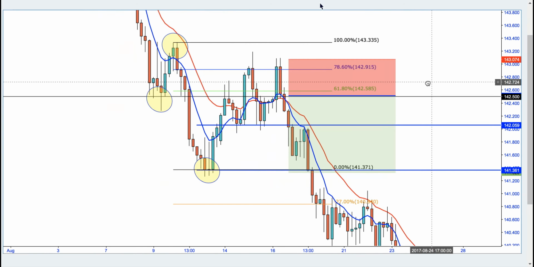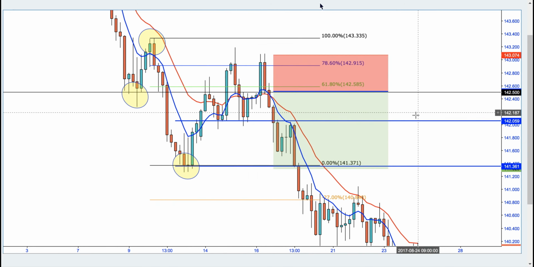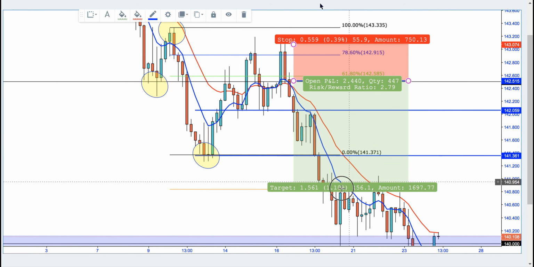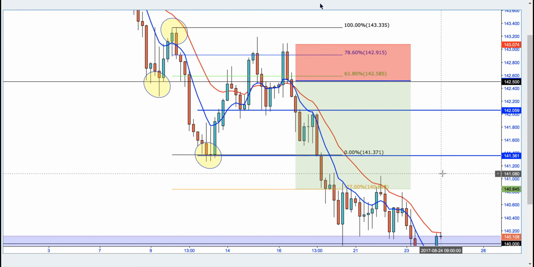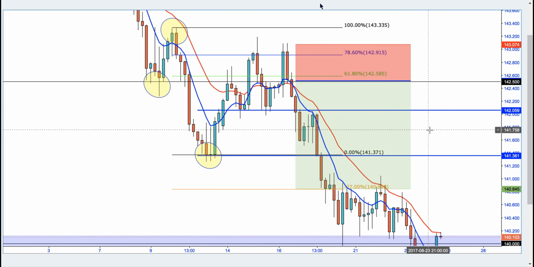So line that up there as well after the second entry. So first one failure, second entry. This is quite rare actually that it will do a double top like that. And then target 1, again, keep in mind what we have at the 0, and target 2 would simply be there. This is a risk reward of 1 to 2.4, risking 55, 56 pips for 167.